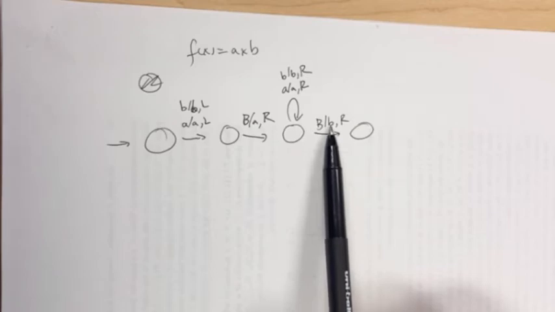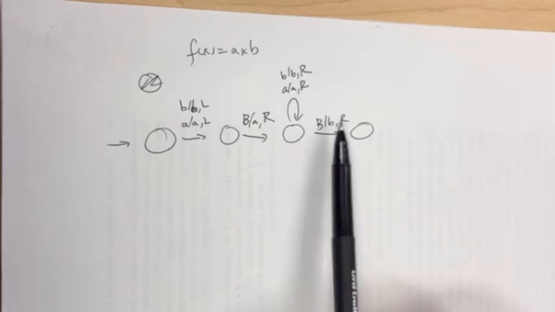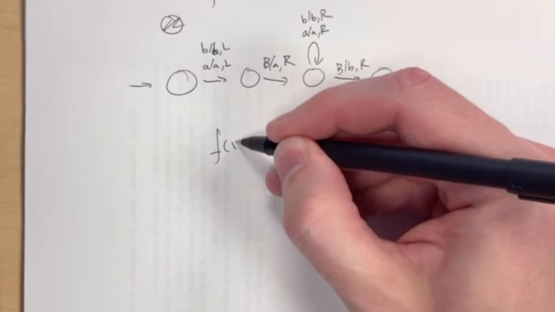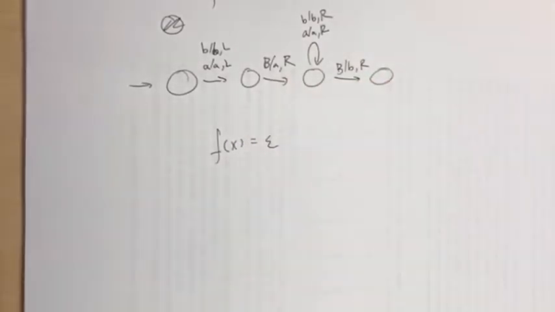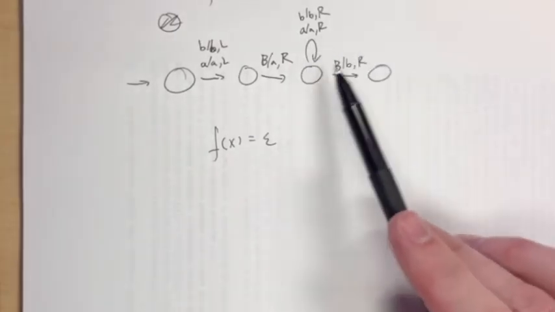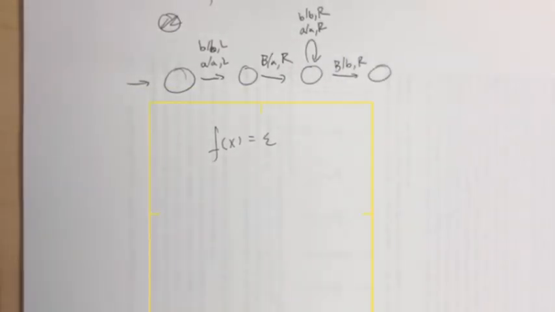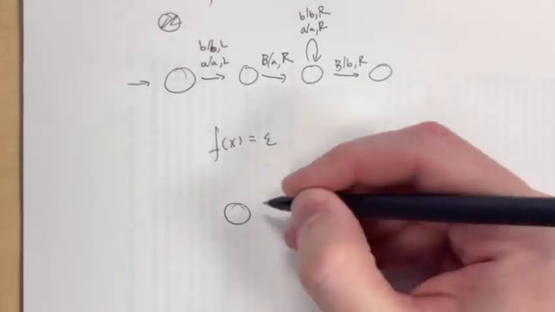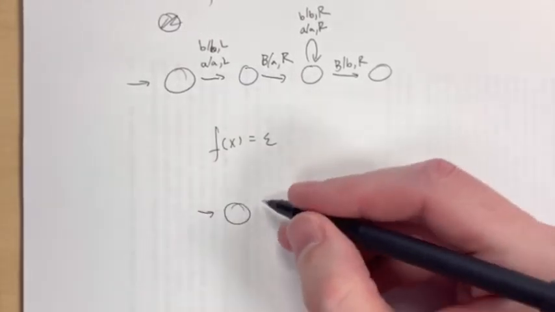All right? And what about f of x equals epsilon? So this machine should just erase everything on the string, right? And I think that once you think this through, it's not so hard to do. You just do one of these loopy things, moving to the right, and every time you turn everything into a blank. So I think all it takes is just one state.